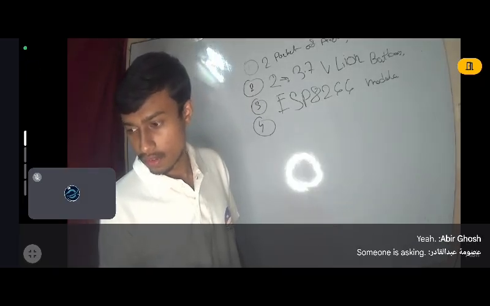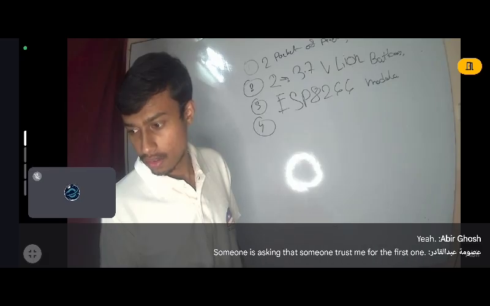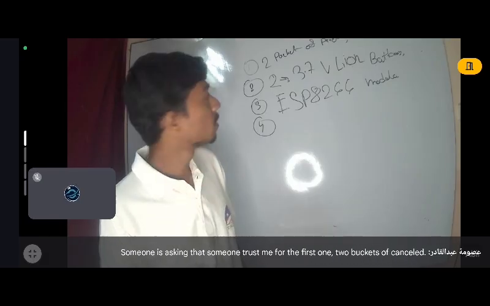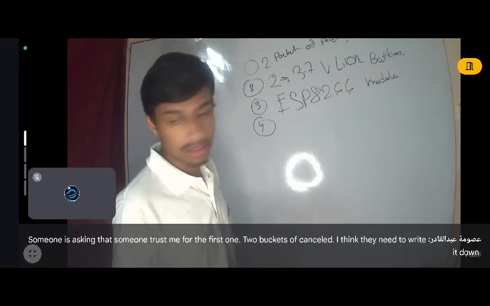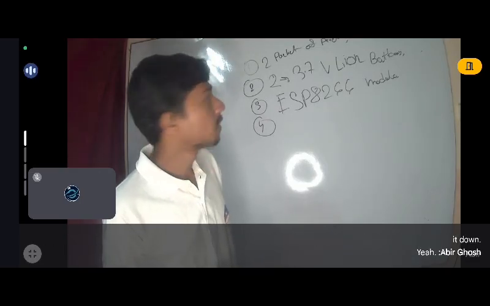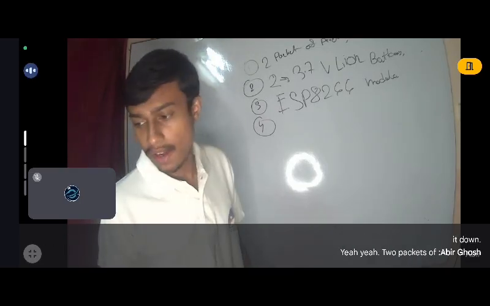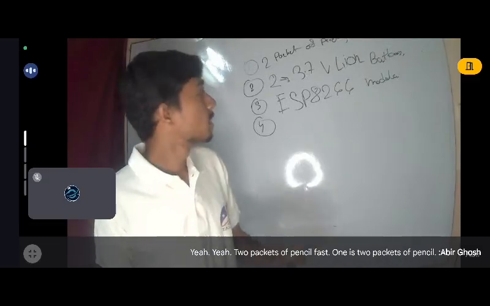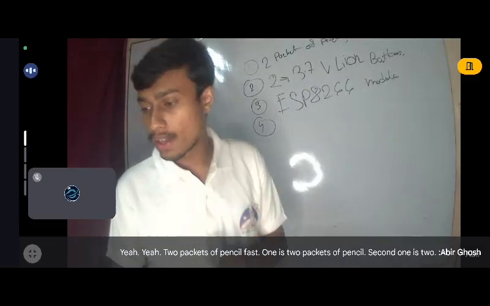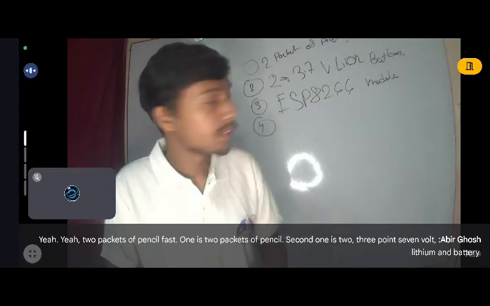Someone is asking for the first one. Two packets of pencil. First one is two packets of pencil. Second one is 3.7 volt lithium-ion battery.